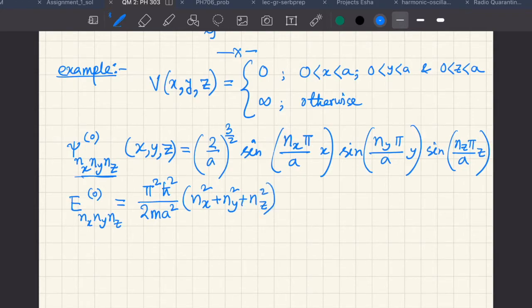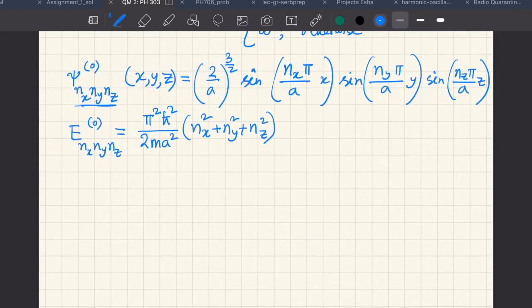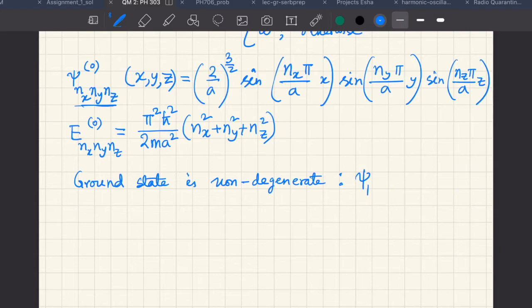Now, of course, the ground state is non-degenerate, because the ground state is denoted by psi 1 1 1.